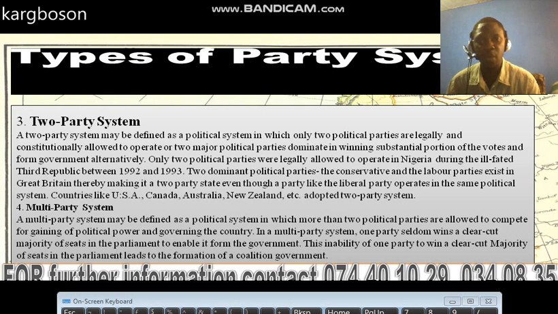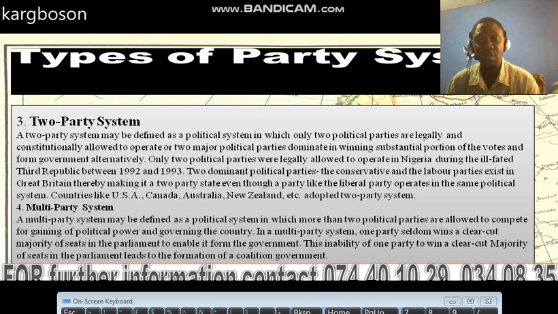Only two political parties were legally allowed to operate in Nigeria during the ill-fated Third Republic between 1992 and 1993. Two dominant political parties, the Conservative and the Labour Party, exist in Great Britain, thereby making a two-party state, even though a party like the Liberal Party operates in the same political system. Countries like USA, Canada, Australia, New Zealand, etc. adopt the two-party system. We also have a multi-party system.